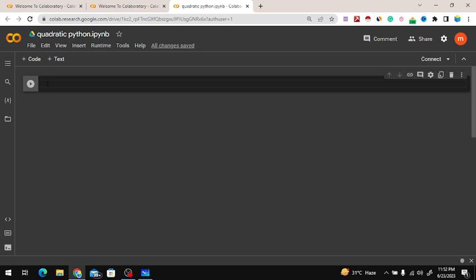So let's see here. First I need to import here, import numpy as np. So it has been imported, and I want to plot something, so we need to import matplotlib.pyplot as plt.